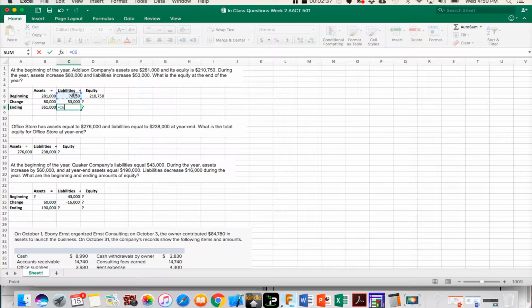This amount plus this amount gave me my assets, this gives me my liabilities. And again, I just need to solve for x here. I don't need to worry about what's up here, because given these two, I can solve for x like I did over here, and that's just going to be this number minus this number.